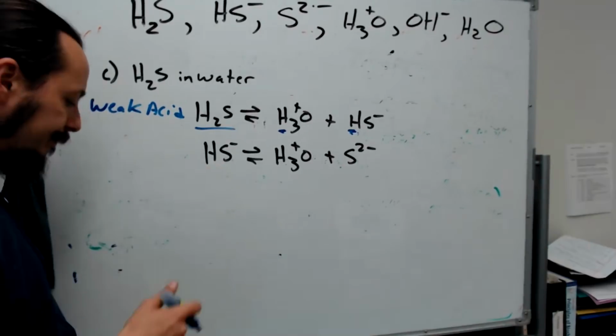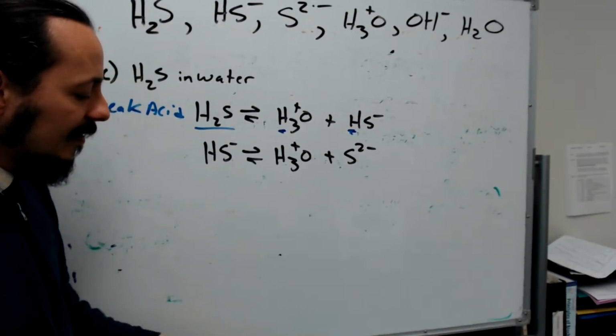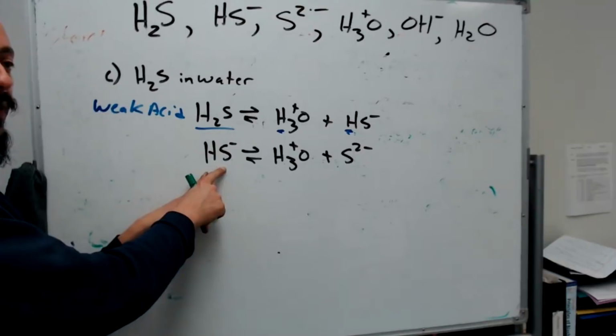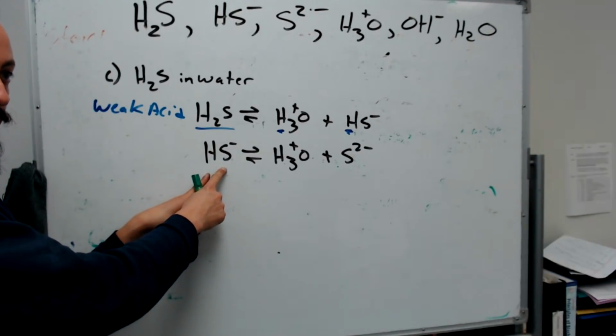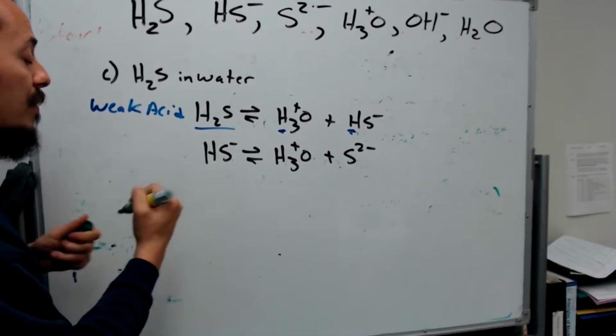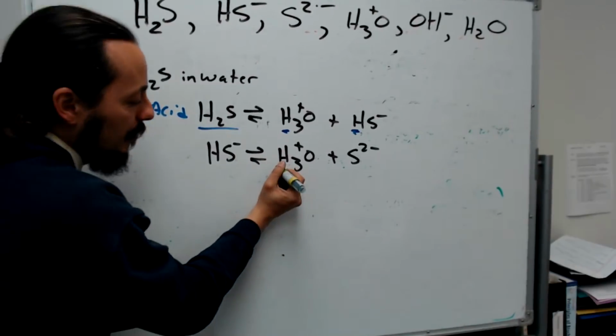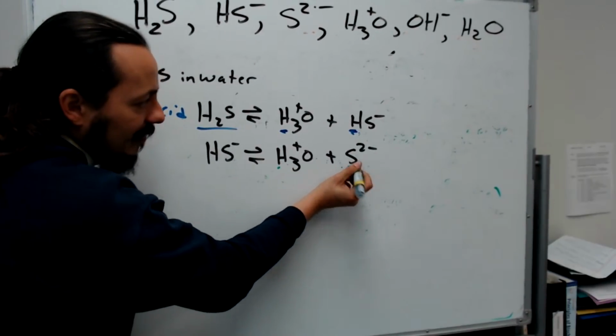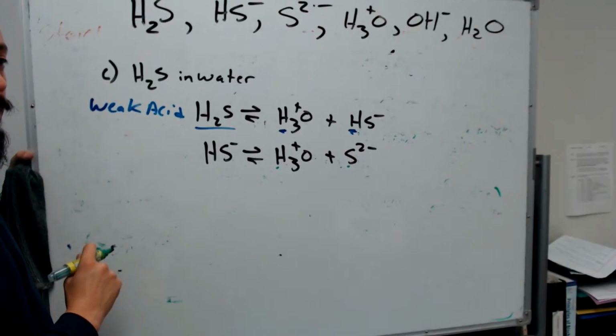Then we think about this one. Is the second proton falling off easier or harder? Harder. So that means this could happen some, but it's going to happen even less than the first reaction, right?